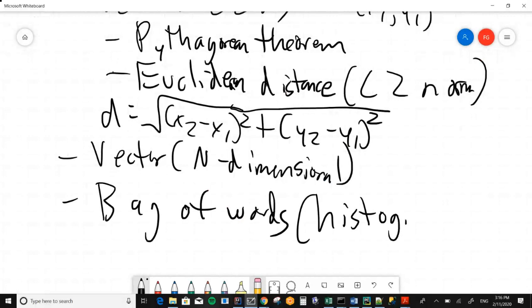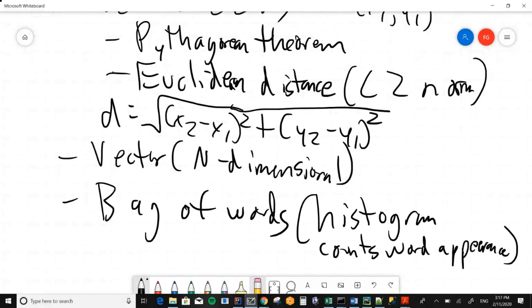It is a histogram that counts word appearance. So note what happens when I use a representation like this. I'm just counting words. I'm not doing anything positional. I'm certainly not doing anything that would suggest grammar, at least not in English.